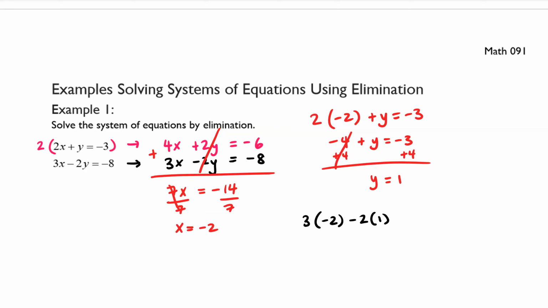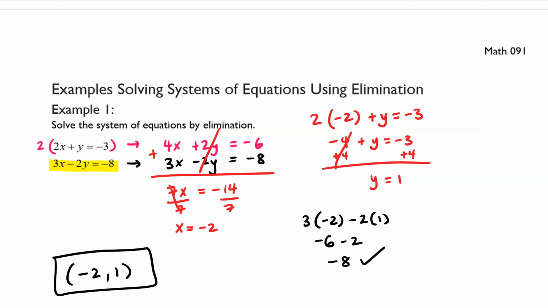So let's see, 3 times -2 is -6, and then -2 times 1 is -2, and those will combine to become -8, which is what I wanted because that's the value that we see in that second equation. So therefore, my final answer should be the ordered pair -2, 1. And I'm going to go ahead and box my final answer there.